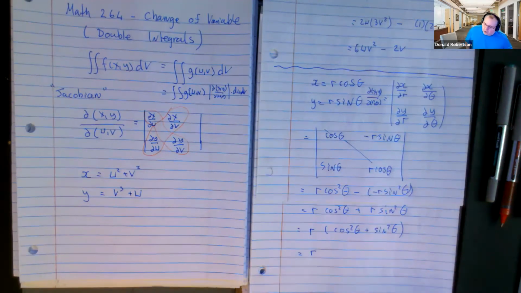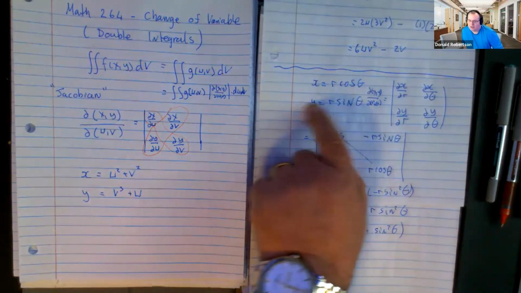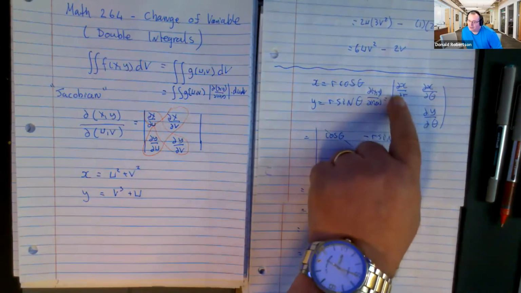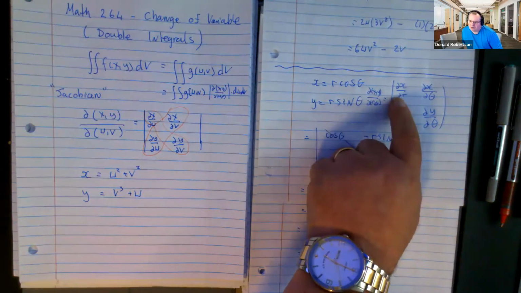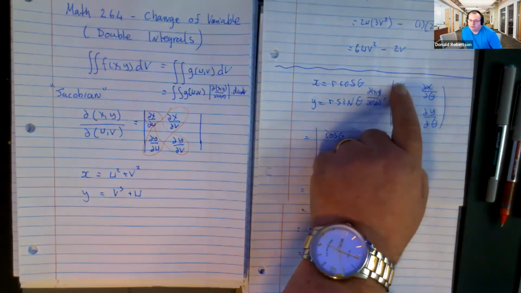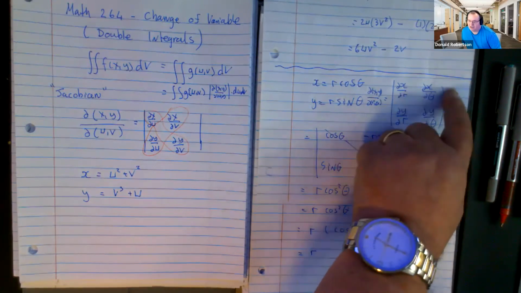Now, you know that horrible guy that we had in spherical coordinates? You know that rho squared sine phi guy, right? Remember him? Where did he come from? He came from a Jacobian where you had x, y, and z. And the 3×3 Jacobian is dx by d rho, dx by d phi, dx by d theta.